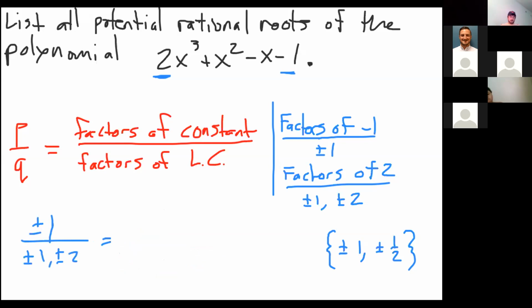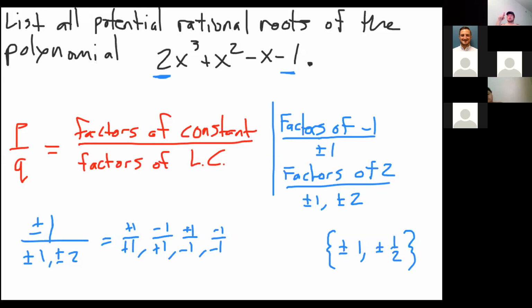So I can take a positive 1 divided by a positive 1. That is one potential rational root. I could take a negative 1 divided by a positive 1. That's another potential rational root. A positive 1 divided by a negative 1, or a negative 1 divided by a negative 1.